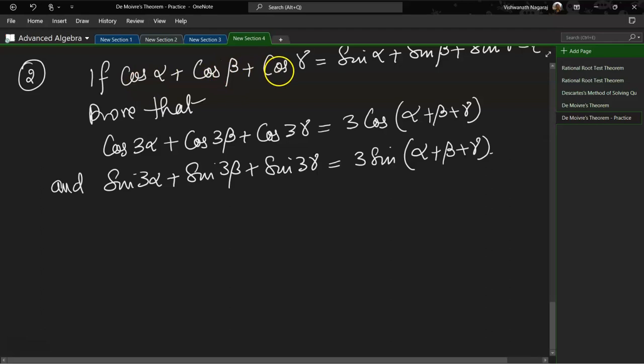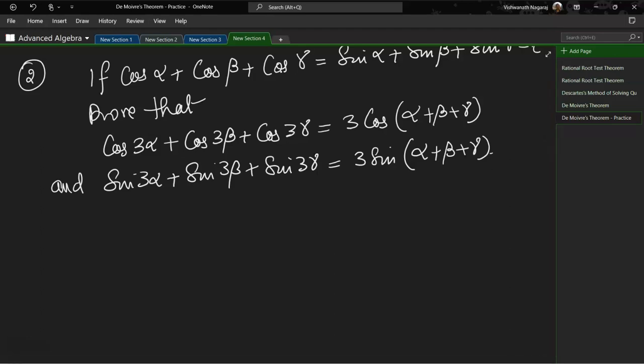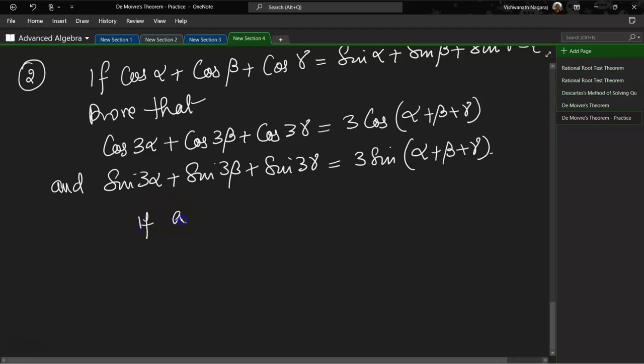See, this plus this equal to 0. If we say a plus b plus c equal to 0, do we know any identity? Yes, we know. If a plus b plus c equal to 0, then a cube plus b cube plus c cube is equal to 3abc. Okay.